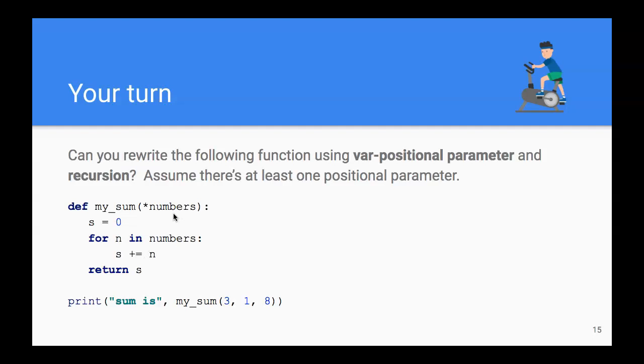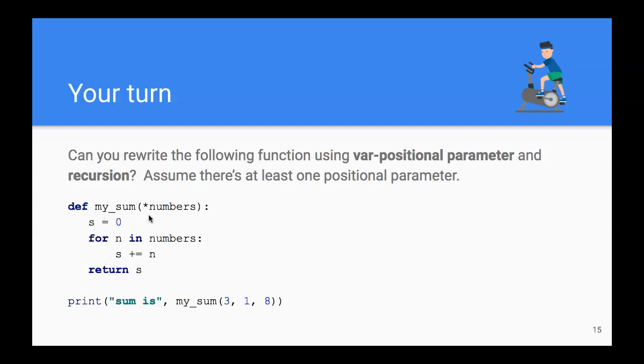Now, instead of using a for loop, I would like you to try doing exactly the same thing, but with recursion. And to make things simpler, you can assume that there is at least one positional parameter, so there is at least one number that is passed to the mySum function.